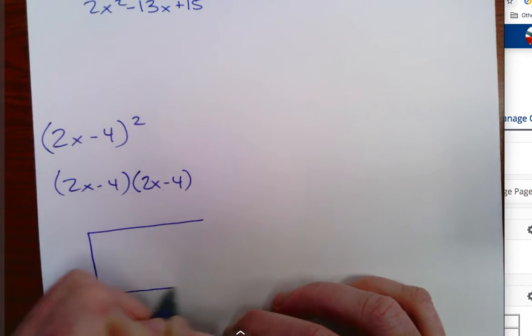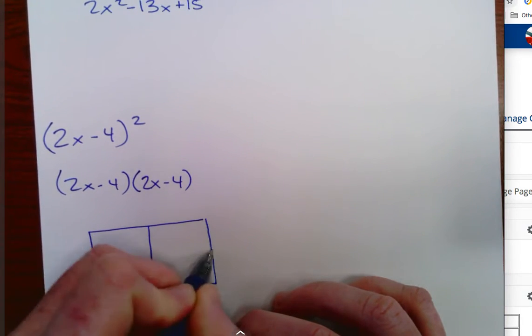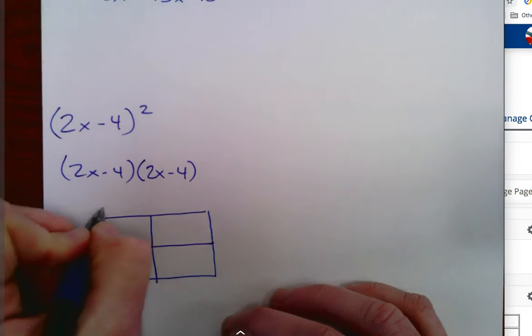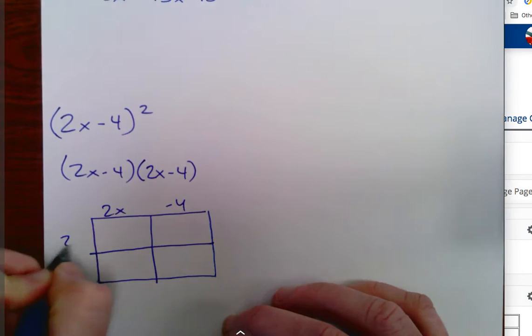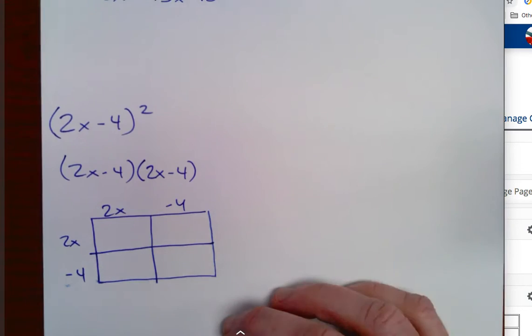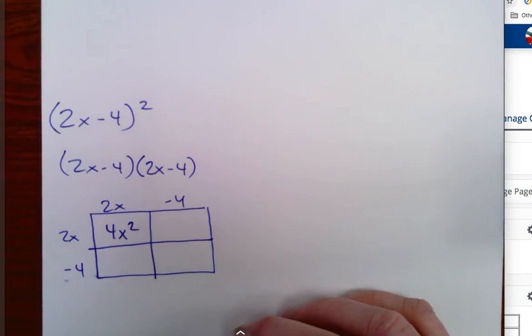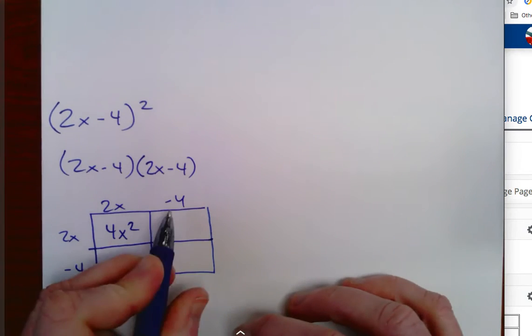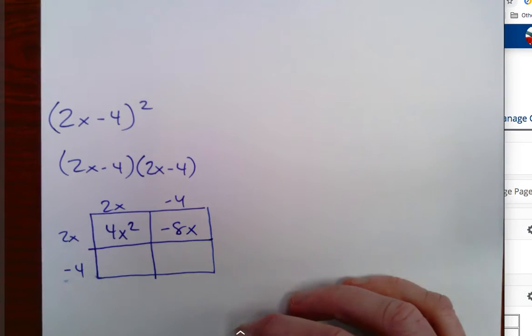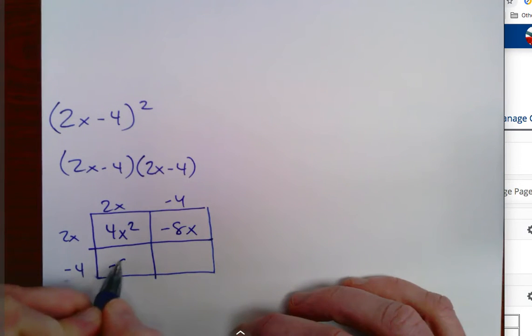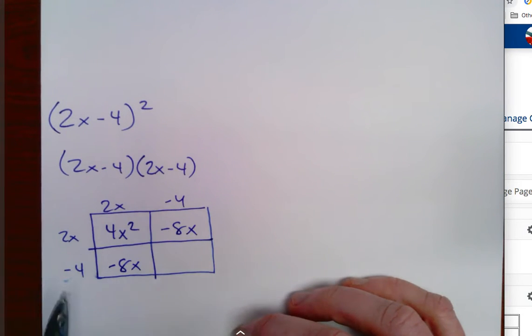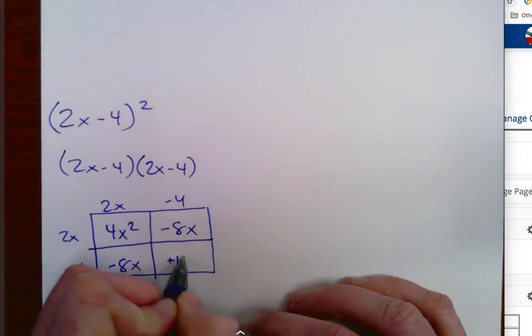So I'm going to go ahead and use my box method on this one just to be different. 2x times 2x. 2x times negative 4. 2x times negative 4. Negative 4 times negative 4, positive 16.